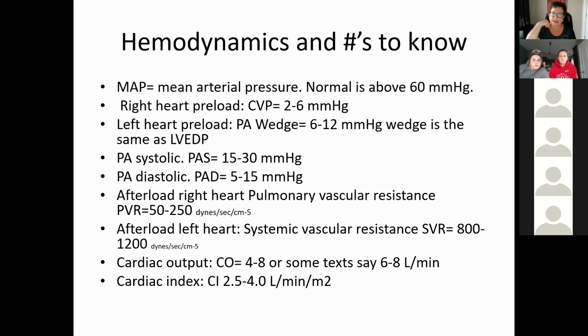So a cardiac index of 2.5 to 4 is a textbook normal. A lot of times they will accept 2.2 to 4 liters per minute per meter squared. But just know that when you have a low cardiac index, your patient is symptomatic. And we're going to go through a couple of cases here quickly.